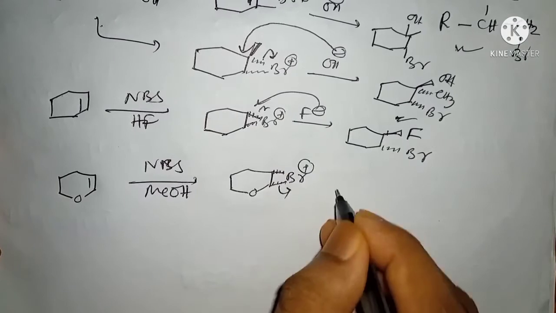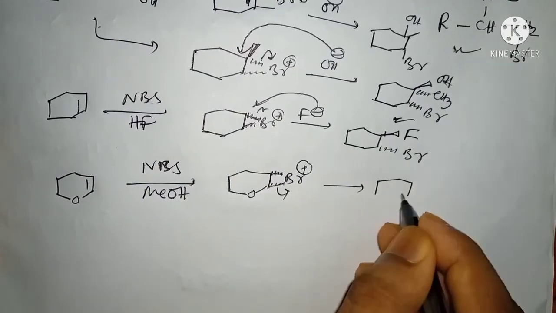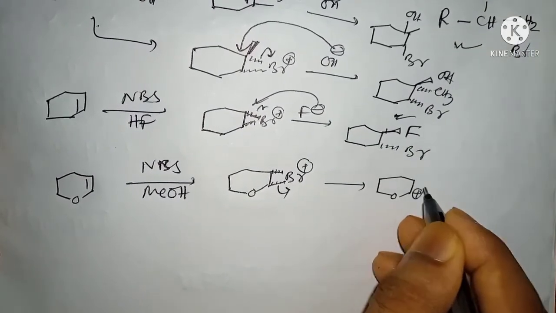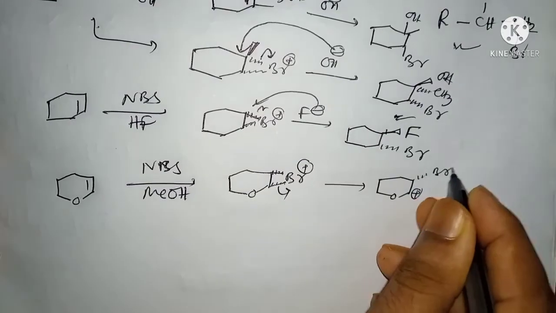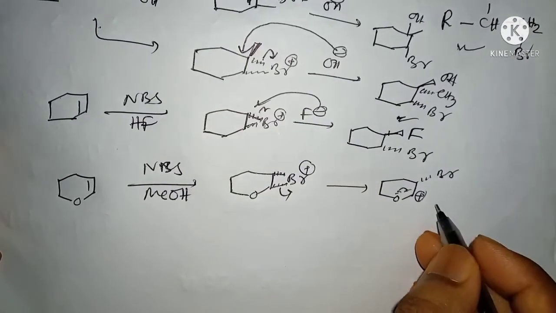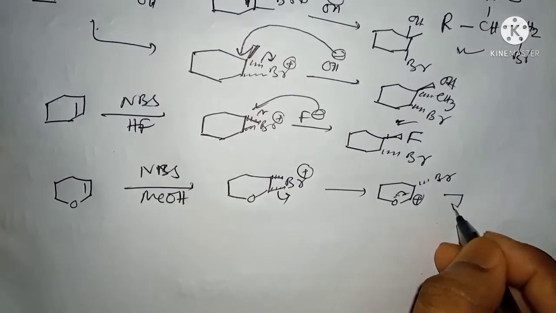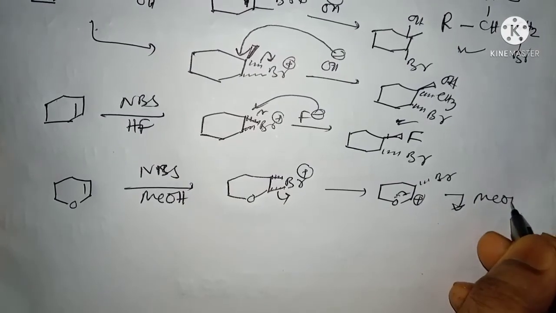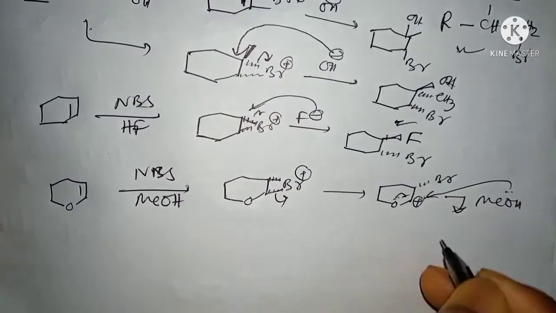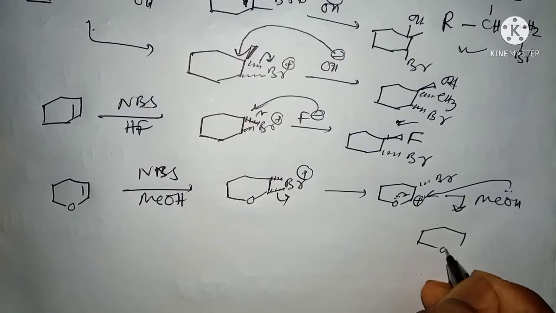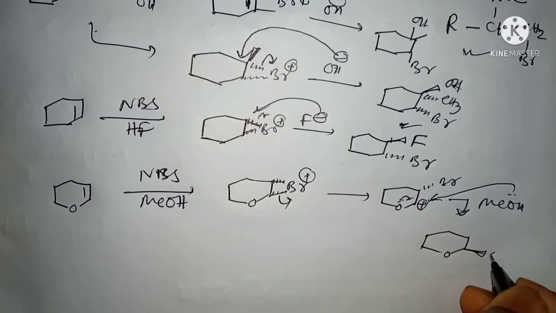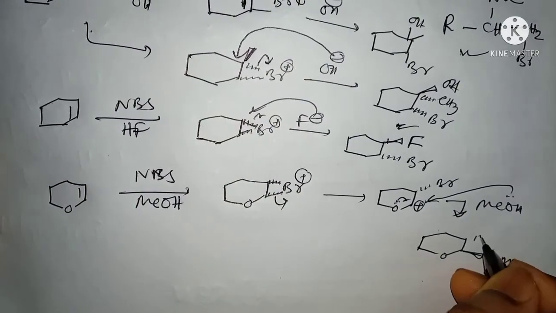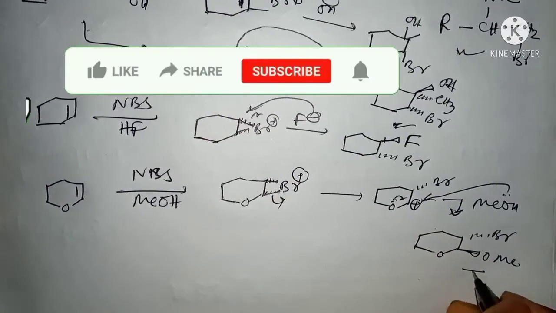Then this carbocation forms on this side, because of the stability of carbocation, 2p-2p overlap. Then MeOH attacks from the above side, because the anti-product is formed, so this is Br. So this is the product.